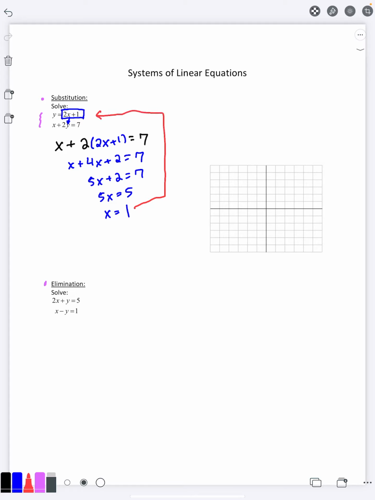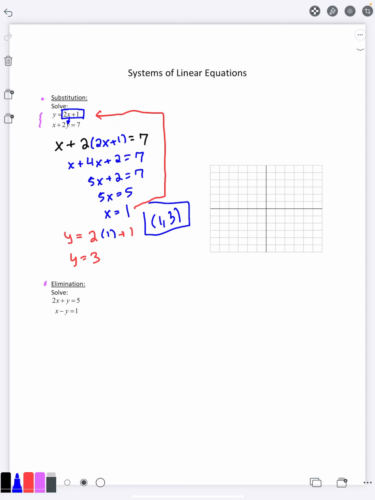Now you have complete freedom to plug it into either of the original equations, whichever is easier for you to solve for the other variable. I'm going to choose to plug it into the top equation. So instead of y equal to 2x plus 1, y equals 2 times 1 plus 1. So y is 3. And that means that my answer here is x is 1, y is 3. That is the point.